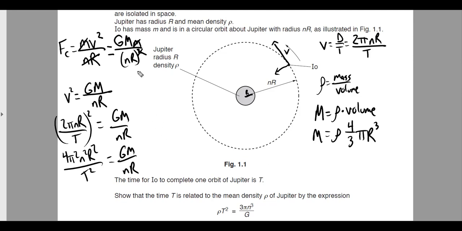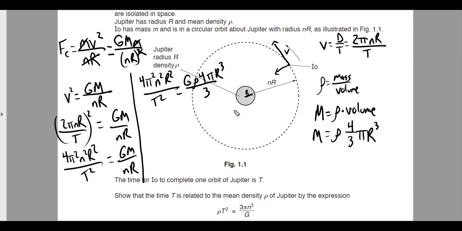So let's rewrite that. We've got 4 pi squared n squared r squared over t squared equal to G. And now the mass we're going to write as rho 4/3 pi r cubed. And we still had this nr down in the denominator.